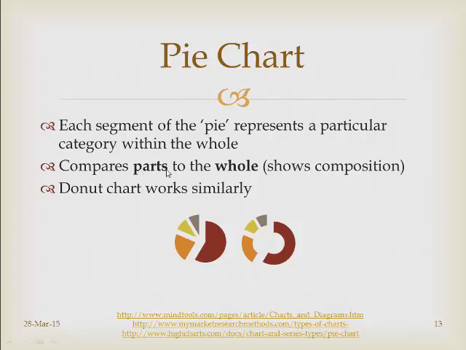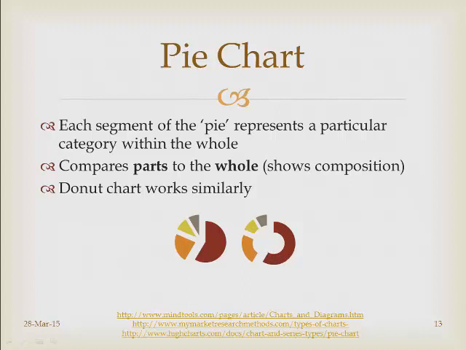So it compares parts to a whole, or it shows composition. We look at it and see we have a lot of Chinese here, very few Malays, very few Indians. So you're comparing different categories within the whole class. That's a pie chart. And the donut chart, of course, works the same. It just looks more like a donut than a pie.